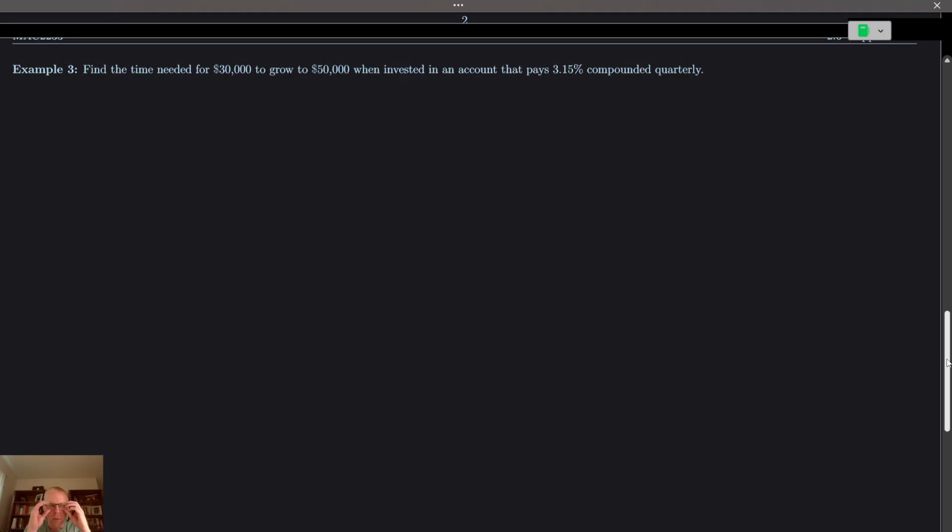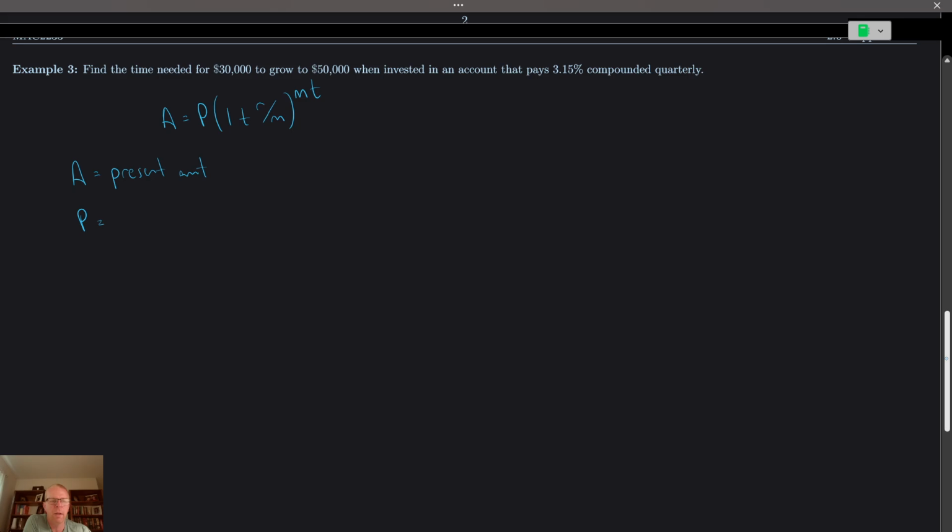Okay. So now we're going to need another formula for this. So third example: find the time needed for $30,000 to grow to $50,000 when invested in an account that pays 3.15% compounded quarterly. So the formula we need for this, we're basically taking that effective rate formula and multiplying it by the principal, and that will give us the accumulated amount. So A is the accumulated amount, or ending amount.